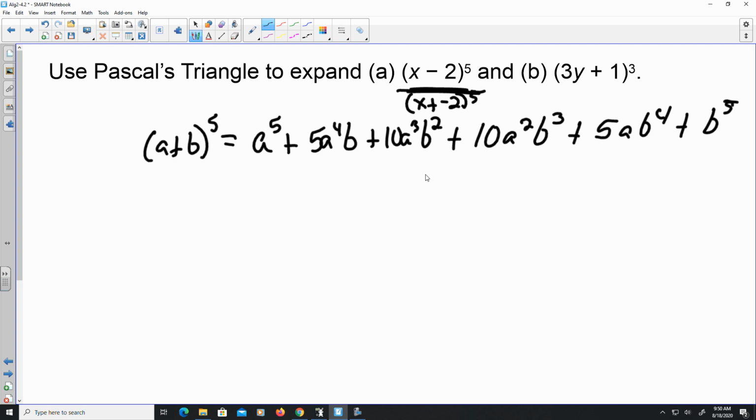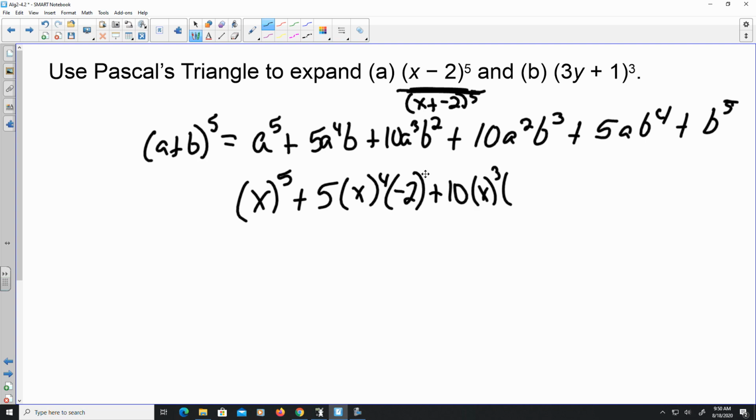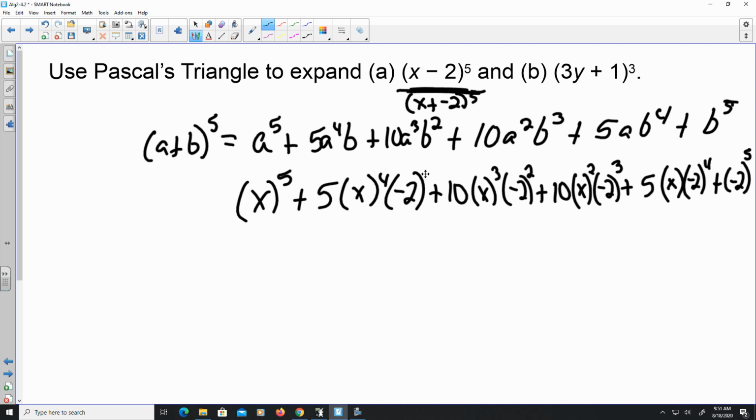So, substituting in, I'm going to put parentheses to help me. x to the 5th plus 5 times x to the 4th, and then that's b, so that's negative 2, plus 10x to the 3rd, and then this is negative 2 squared, plus 10 times x squared, and then this is negative 2 to the 3rd, plus 5 times x times negative 2 to the 4th, and then finally negative 2 to the 5th.